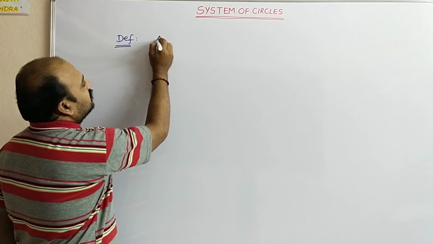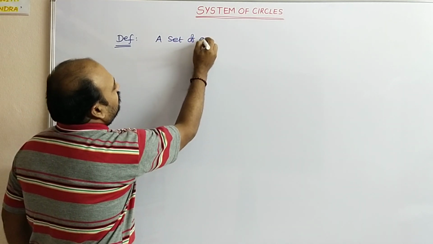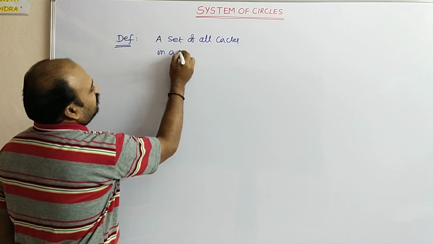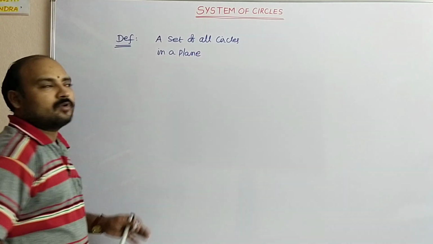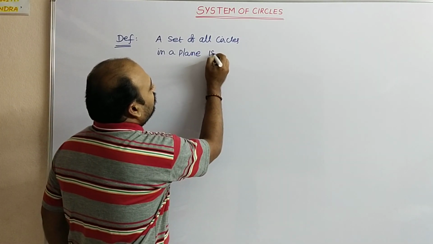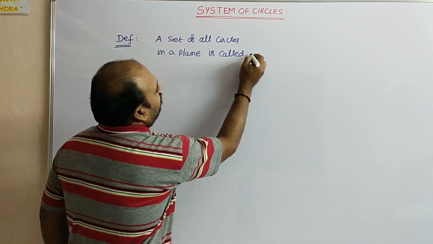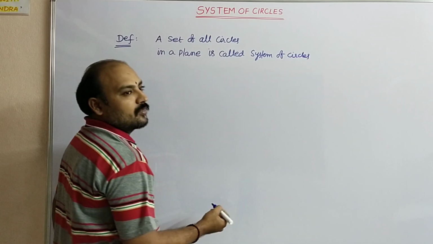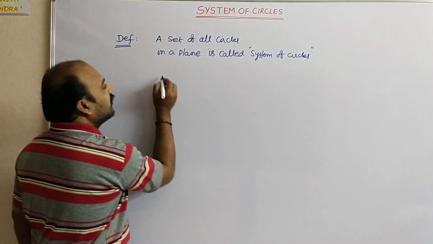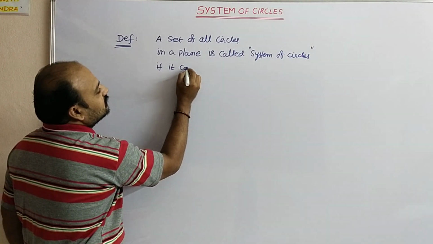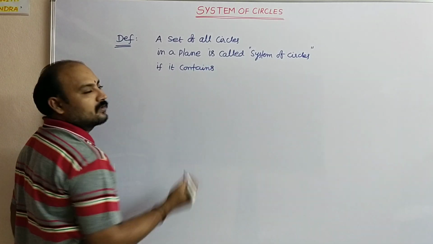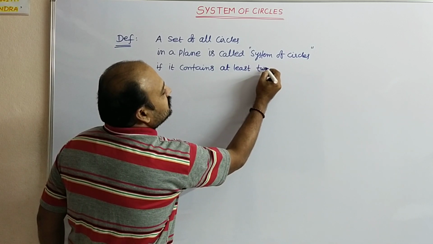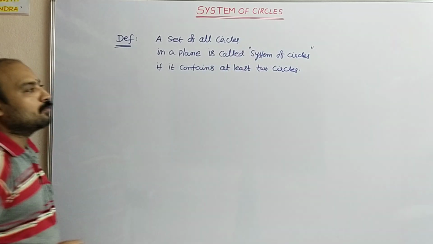A set of all circles in a plane is called a system of circles if it contains, and this is very important, at least two circles.